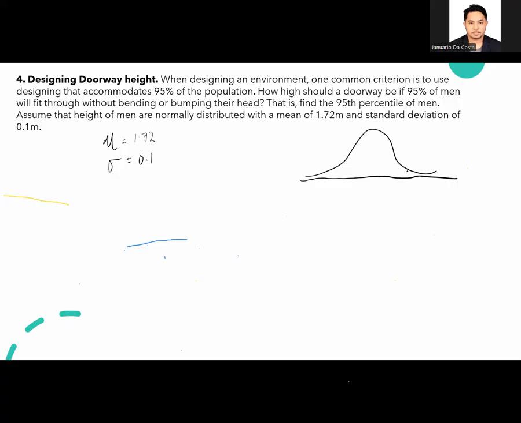You want to find the area of 95%. What is the z value corresponding to 95%? So 95%, 0.95. You just go to the table and look for which z value 95% corresponds to.